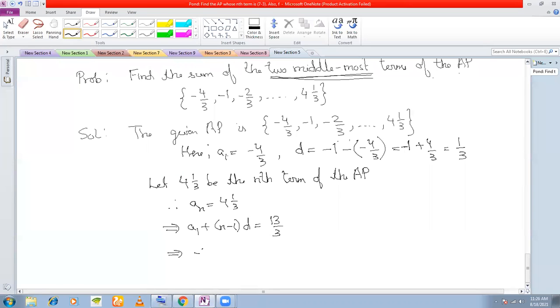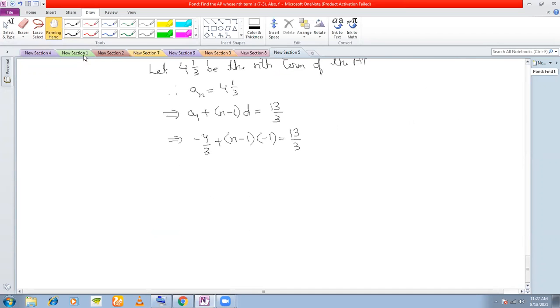A1 here is -4/3 plus n minus 1 into D, taking -1, is equal to 13/3. That means if you take 4/3 on the other side, you'll get minus n minus 1 is equal to 13/3 plus 4/3. That means you get 1 minus n is equal to, now if you take the LCM, you get 17/3.